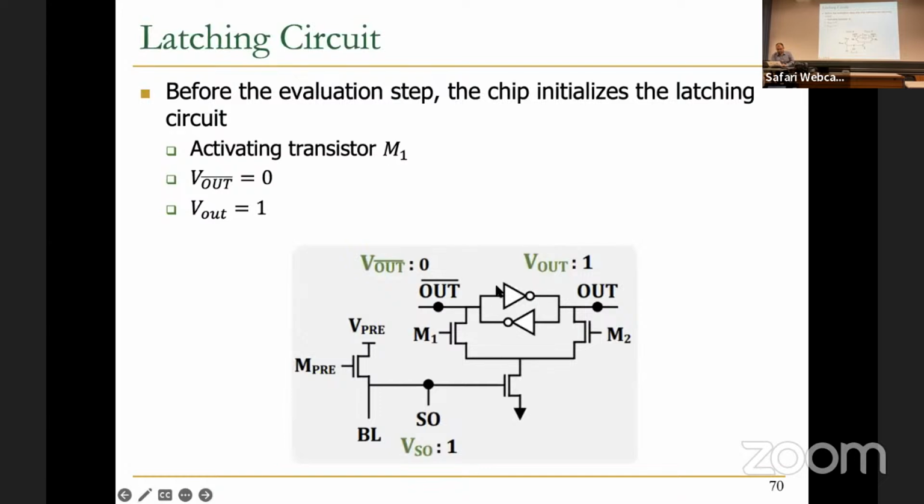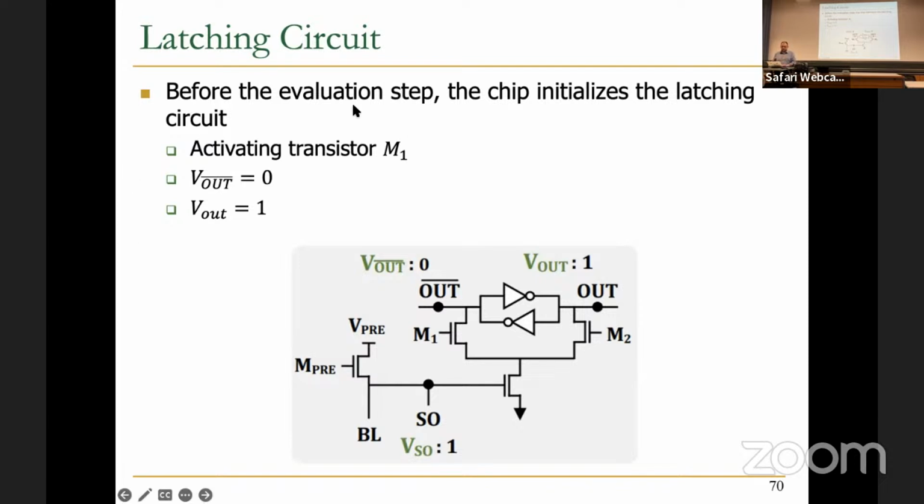You can see you have this back-to-back NOT, and the two sides are connected to this transistor using 2 separate transistors, M1 and M2. So let's walk through it quickly, together. It's actually quite easy. It's not magic, but it looks a bit complicated, essentially.